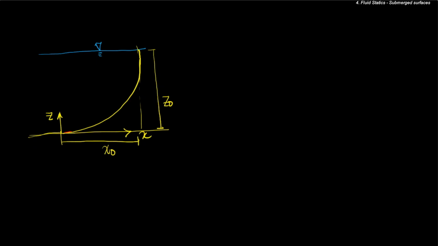So the question is, what is the force acting on the dam? The equation of the dam is given as z upon z0 is equal to x upon x0 whole square. So we need to find out the forces, the horizontal force and the vertical force acting on the dam.